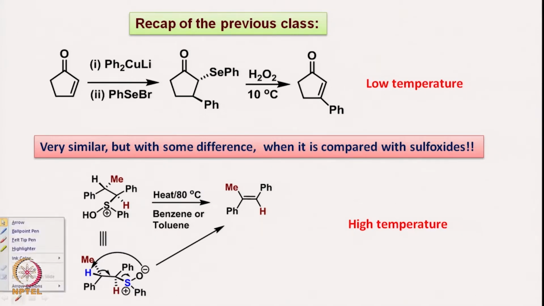For that, the sulfoxide and the hydrogen that is supposed to eliminate have to be syn to each other, and then the elimination occurs.